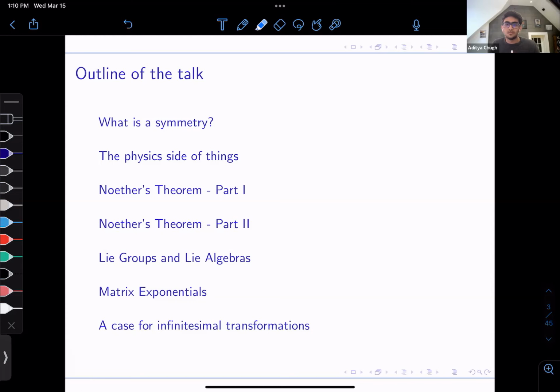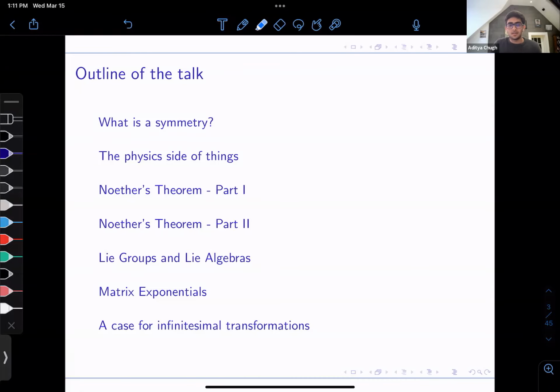The reason there are two parts is that Noether's theorem has many formulations. You could start from a very physicsy definition using calculus of variations, but things can really go off the rails, and you can study it in a very mathematical sense.